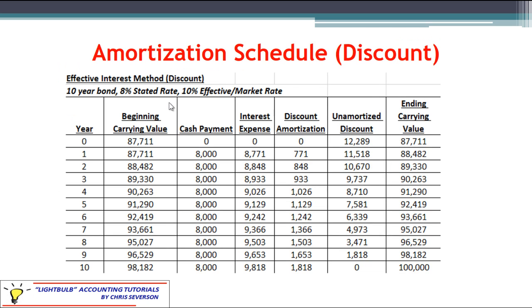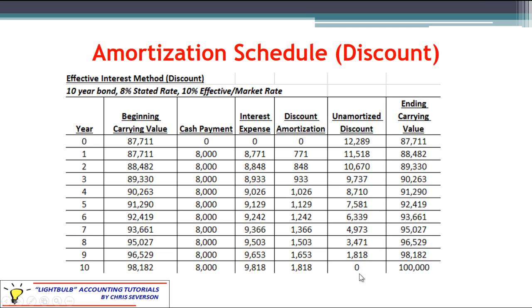Now let's take a look at the effective interest method when there's a discount. So in this case, we have a beginning carrying value, the same, the low amount, $87,711. It's going to work its way up until it eventually hits $100,000. We start off with a $12,289 discount, the difference between $100,000 and the $87,711 carrying value.